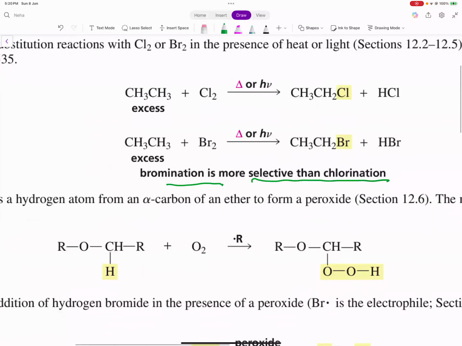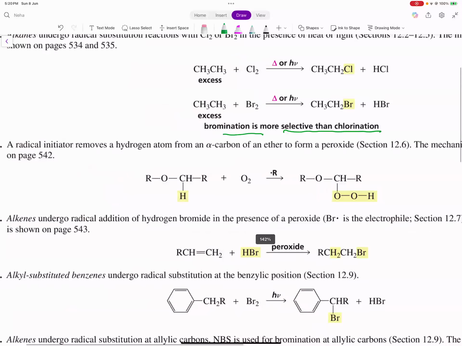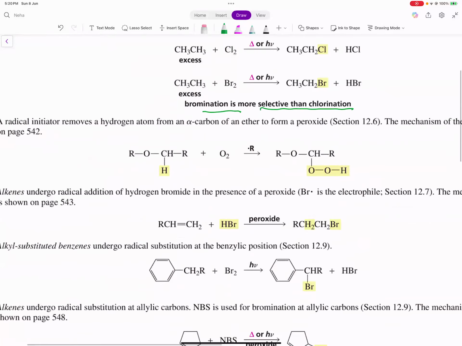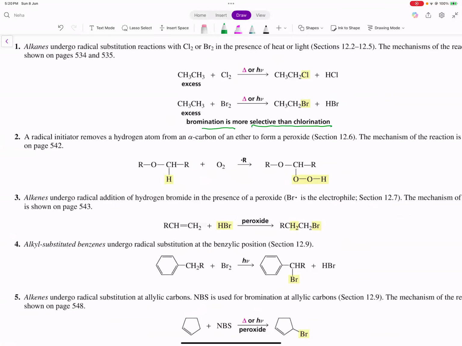And this is again how the peroxide is formed. First, R dot is going to abstract from here, so I'm going to get ROCHR dot here, and then O2 like this.